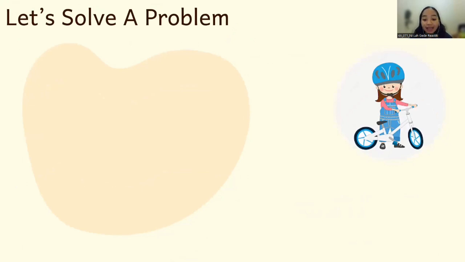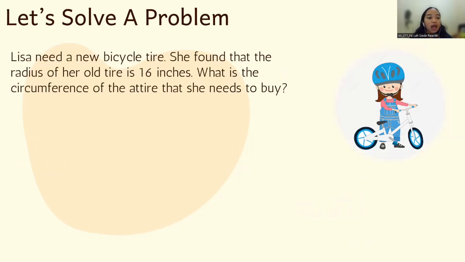Let's try to apply this formula to the story problem that we just had earlier. Lisa needs a new bicycle tire. We found that the radius of her old tire is 16 inches. What is the circumference of the tire that she needs to buy? By this formula, let's now substitute the given data.